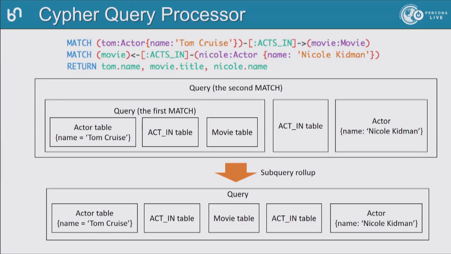The subquery pull-up technique makes nested subqueries into one query structure. In this case, this inner query structure can be pulled up into the outer query structure, and the final result will be like this. Only one query structure.